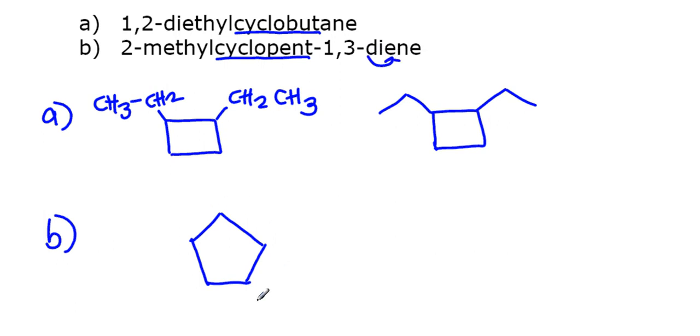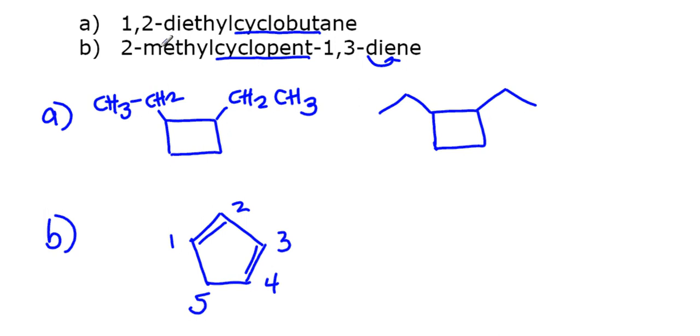So again, you could start number 1 wherever you like. I'm just going to count it from here. So 1, 2, 3, 4, 5. But again, if you start at the top and go around, it doesn't matter. We're just rotating. So double bond starting at 1, it's going to go to 2. And then a double bond starting at 3, it's going to go to 4.